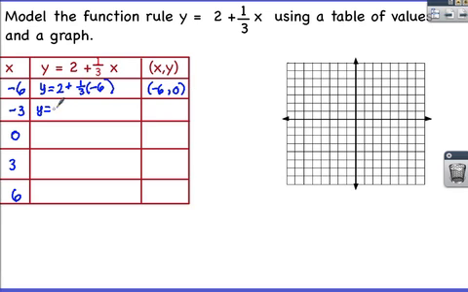Now we substitute our negative 3. We multiply 1/3 times negative 3 to get negative 1, and 2 plus negative 1 is 1. Next, we substitute 0. 1/3 times 0 is 0, plus 2 gives us 2.